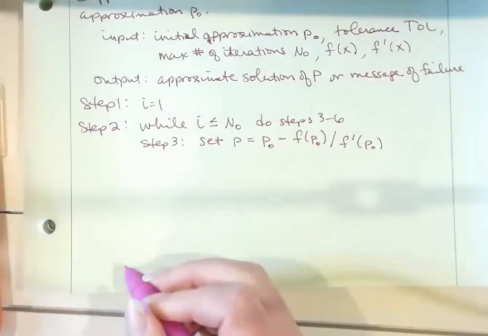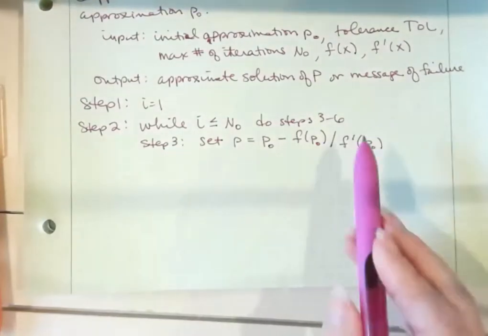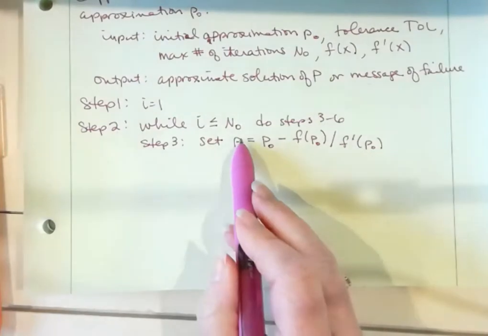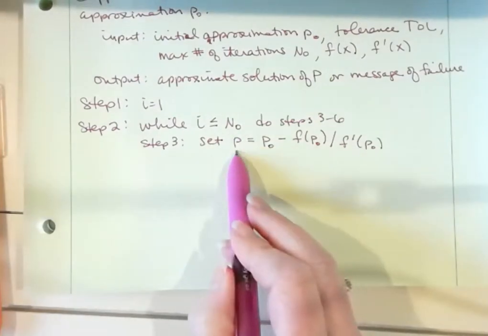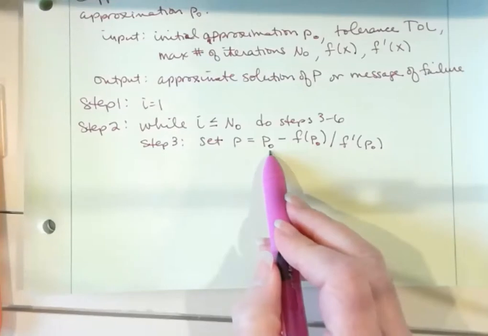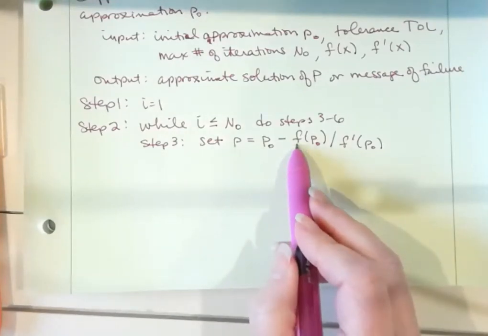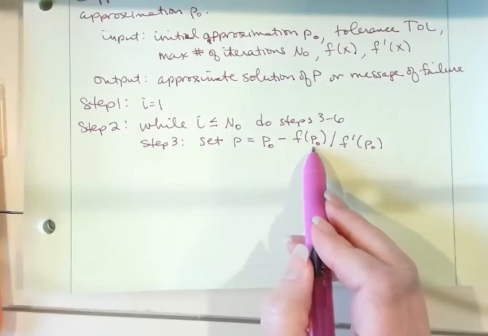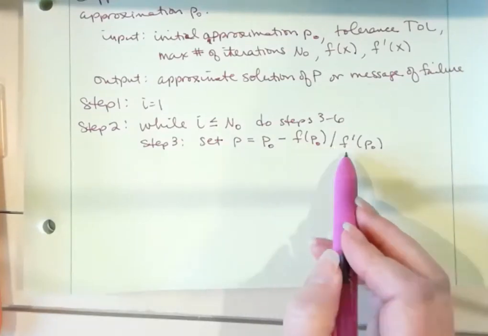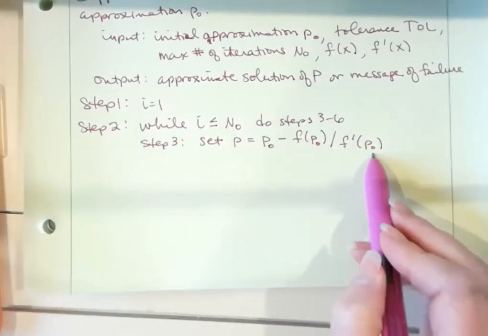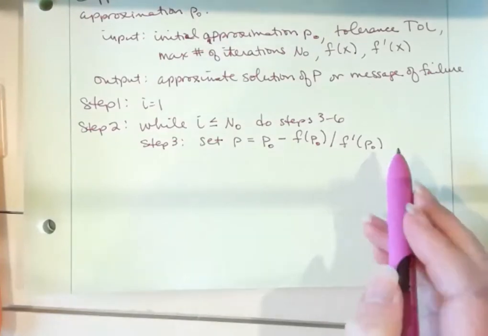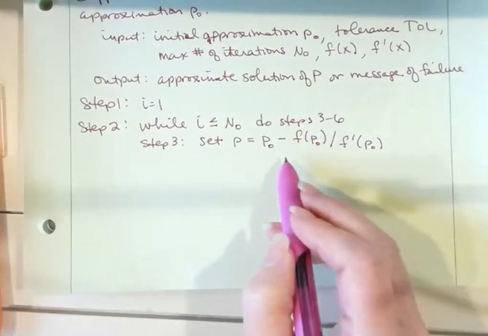So if we think of the first time through, what we're trying to do is get an approximation p, and to get that approximation p, we're going to use our initial guess, p0, and subtract the ratio of the function where we plug in p0 for x, divided by the derivative of the function with x equals p0. So that gives us a p-value.